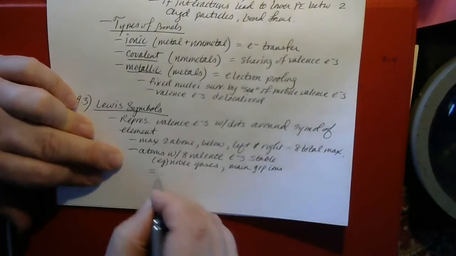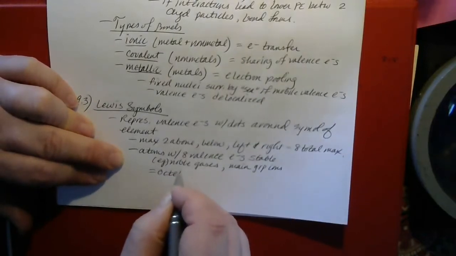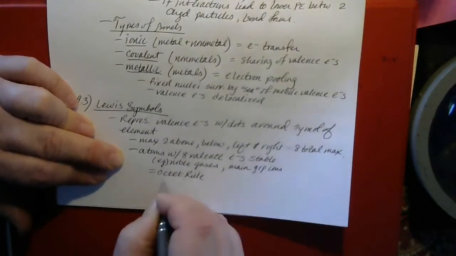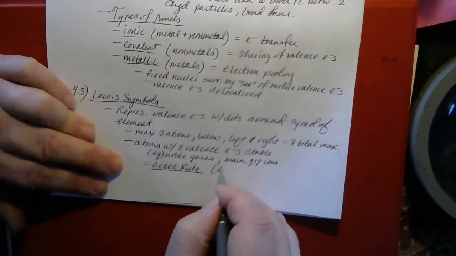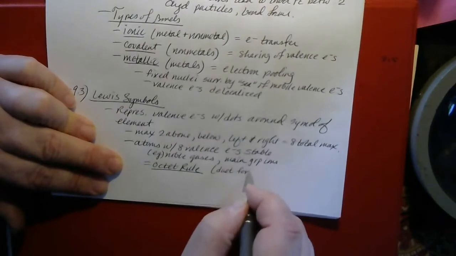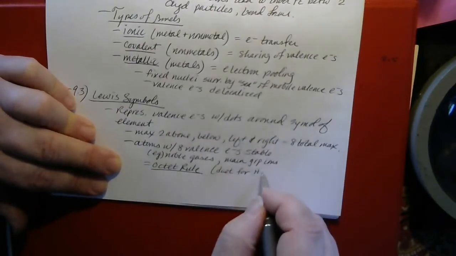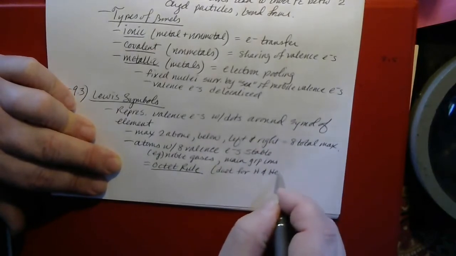And this is known as the octet rule. Or the duet rule in reference to hydrogen and helium.